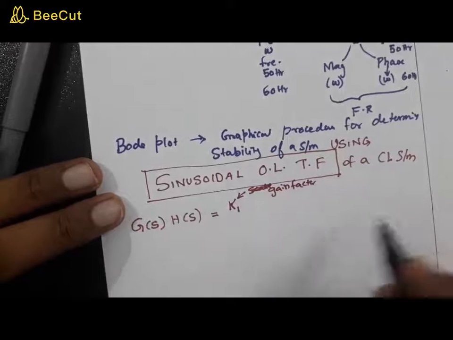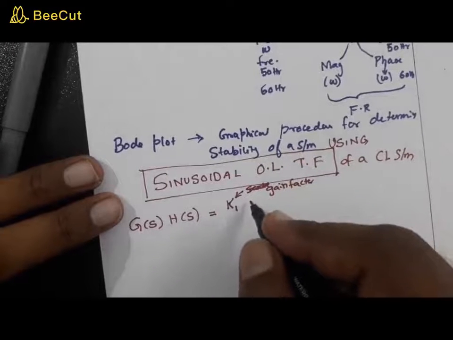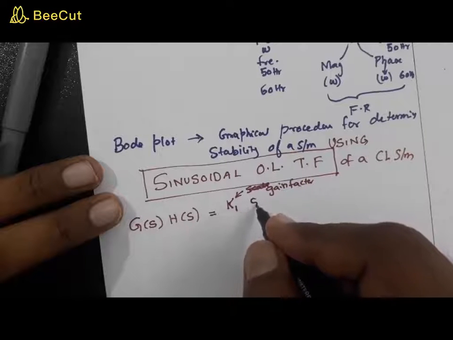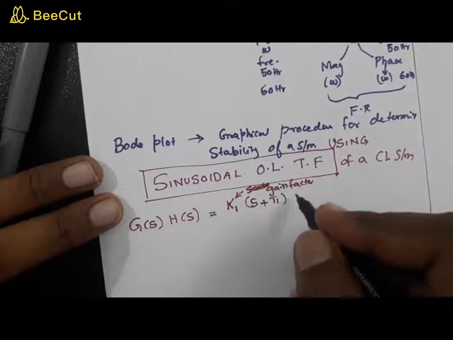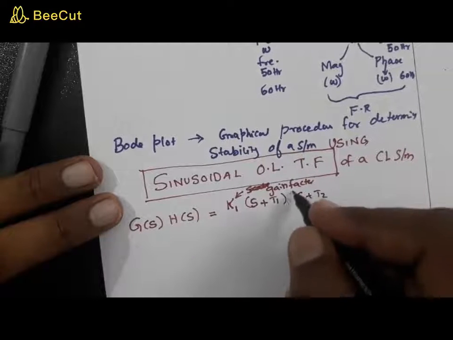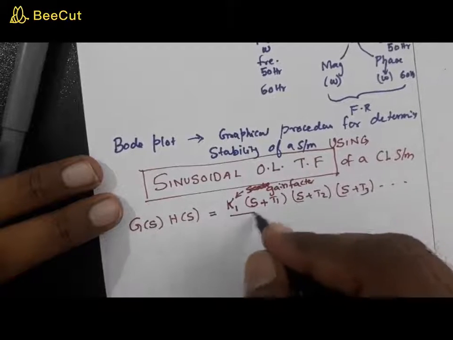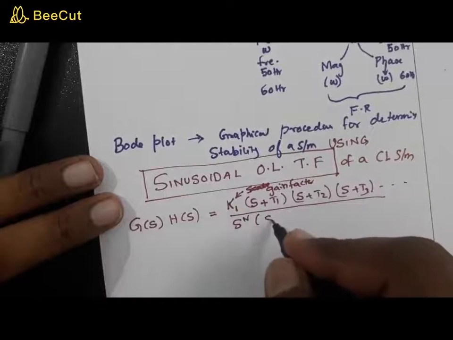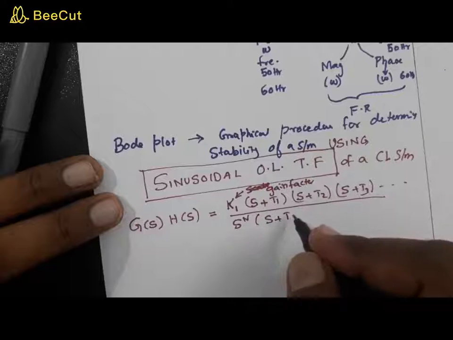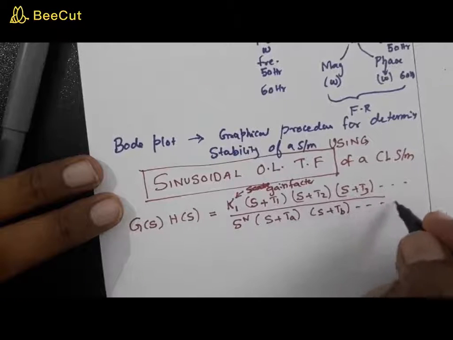So it is simply a constant K1 into a factor of the form 1 plus s, that is, s plus T1 into s plus T2 into s plus T3, etc., divided by s raised to n into s plus Ta into s plus Tb, etc.